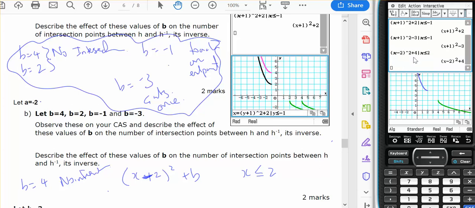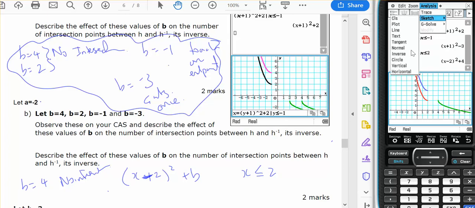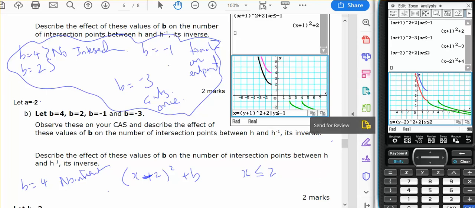If I make this 2, if I don't press XE, I shouldn't lose my graphs, and I didn't. I want the red one, so I move up to get the red one, then press XE. Hey, that's happened. b equals 2, touch.